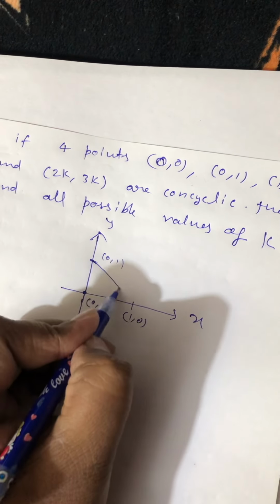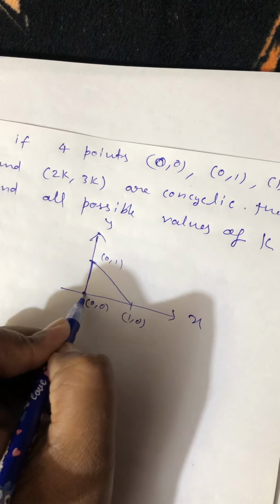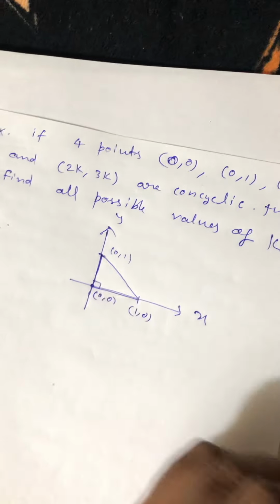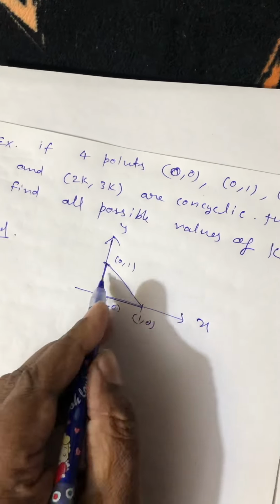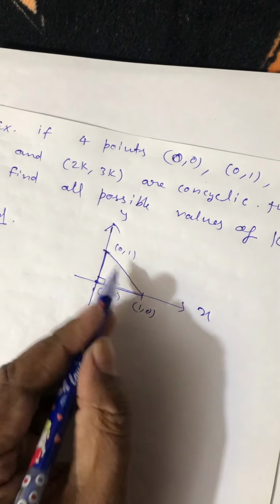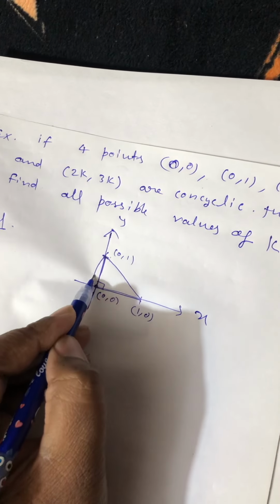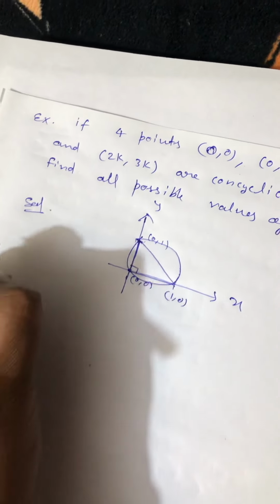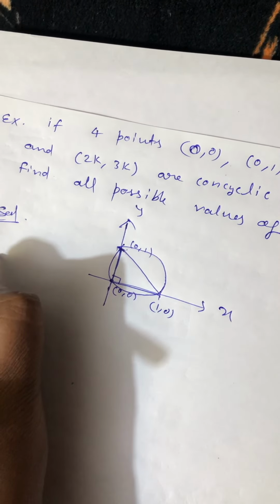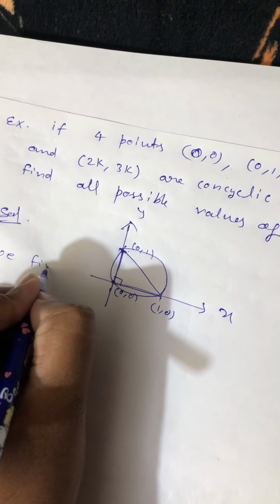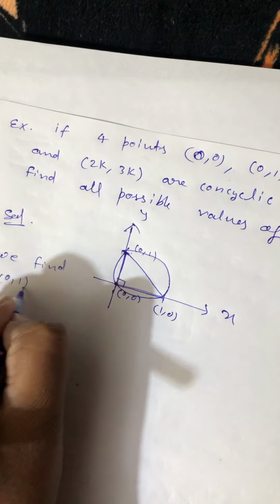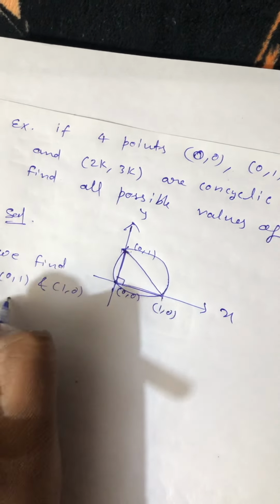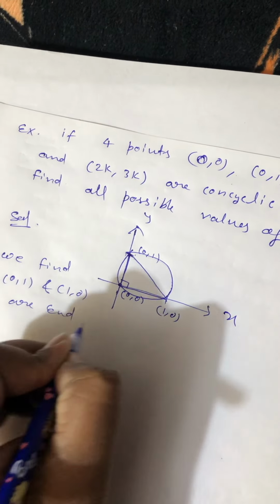When I join these points, I find that these two lines are at 90 degrees. That means (1,0) and (0,1) are the endpoints of a diameter.